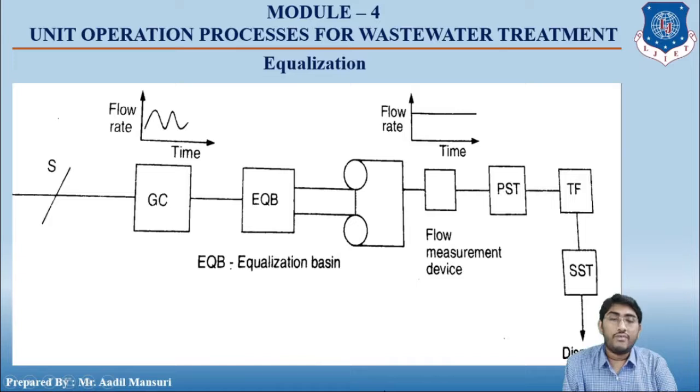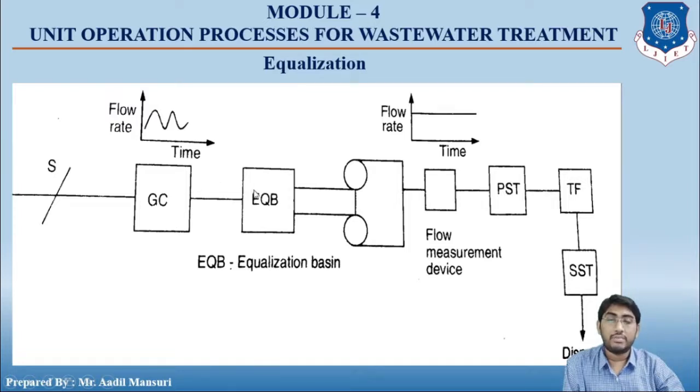So the main function of the equalization basin is to maintain the quantity of flow. You can see that the location of the equalization basin in the figure is after the grit chamber. So it is clear that wastewater entering the grit chamber has varying discharge with respect to hours of the day, but after the equalization basin the wastewater discharge is nearly constant.